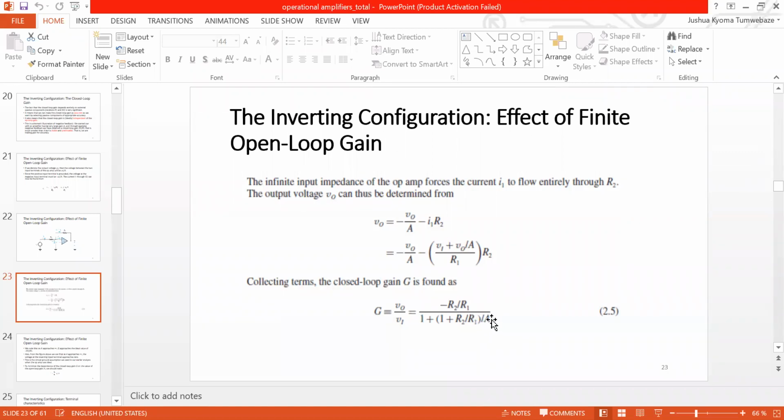A tending to infinity will make the denominator equal to 1, so you remain with G equal to minus R2 over R1 as expected.